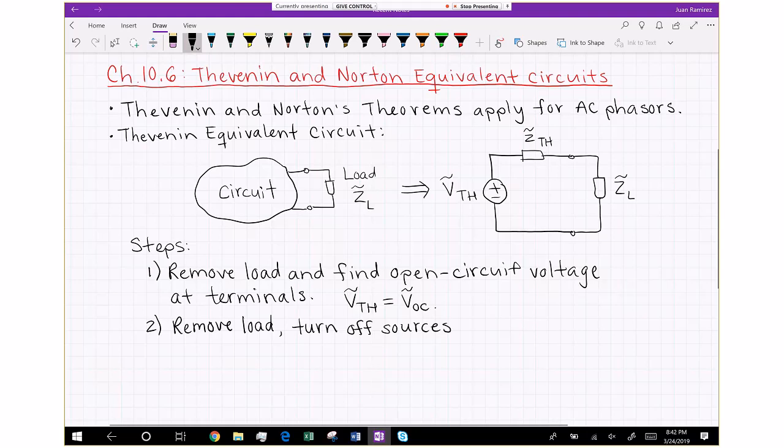By this point, we should remember how to do that, which we do by replacing a voltage source with a short circuit, because if you're turning off the voltage source, it means the voltage is zero, and a short circuit, by definition, has a voltage of zero. And to turn off the current source, you replace it with an open circuit, because an open circuit, by definition, has zero current. And turning off a current source means there's zero current.